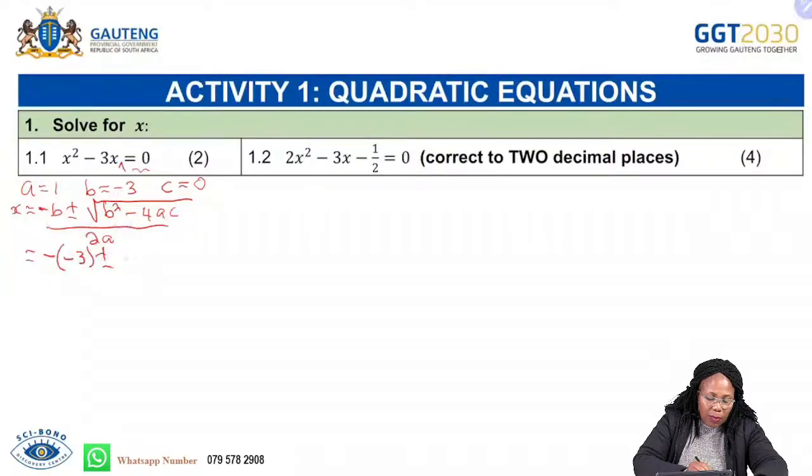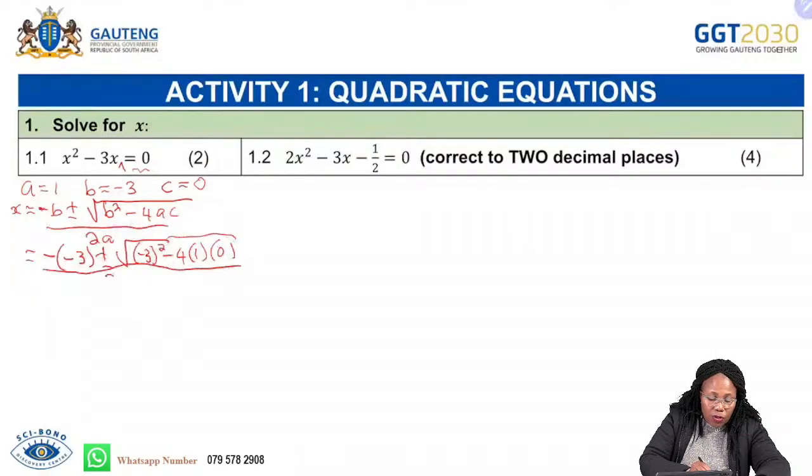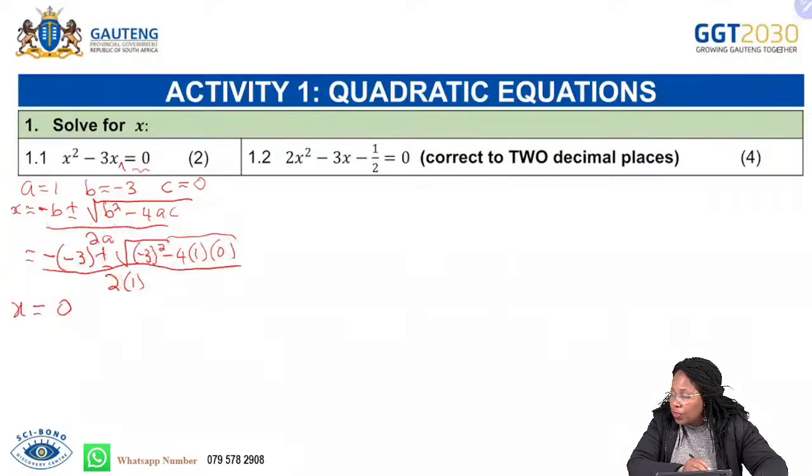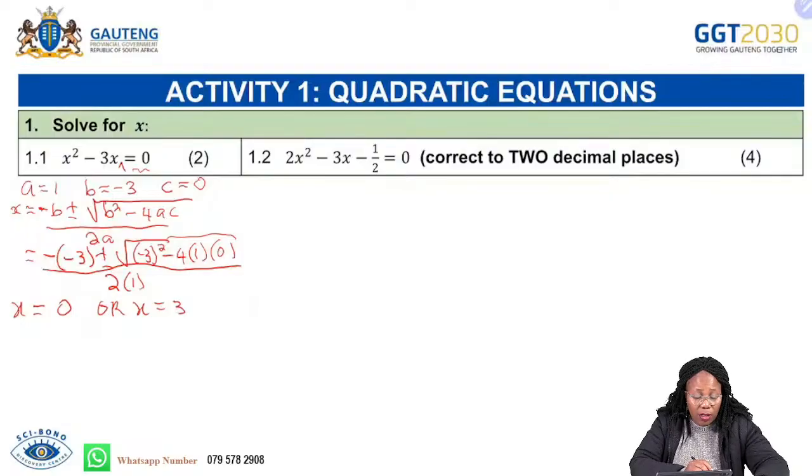And then plus minus, the square root of negative 3 squared minus 4, A is 1 and C is 0 there. And then everything over 2A, where A is 1. And then into your calculator, straight to the answer, the first X value will be X equals 0, and the second one will be X equals 3, grade 12.